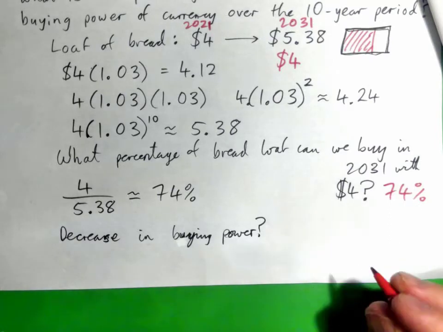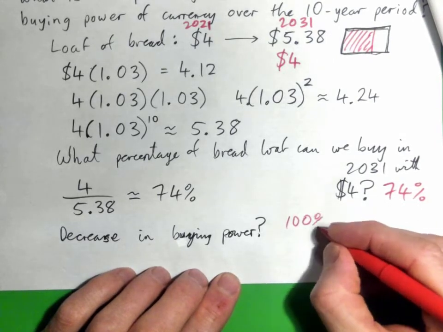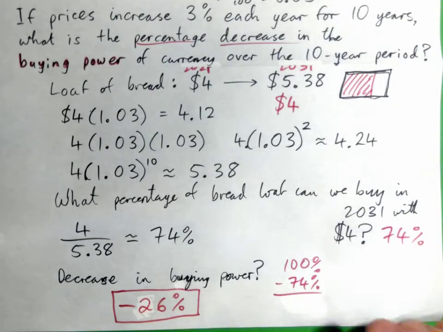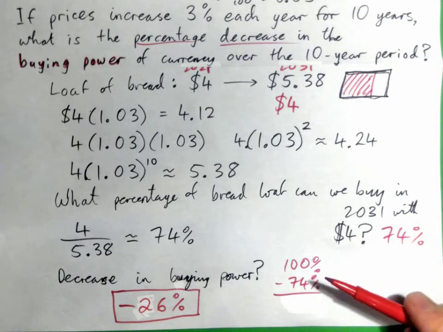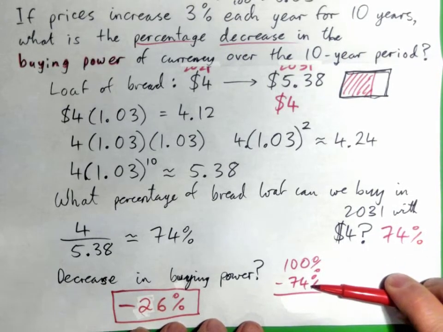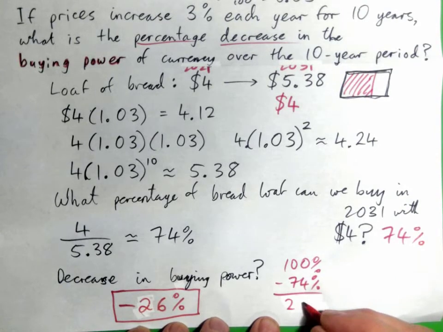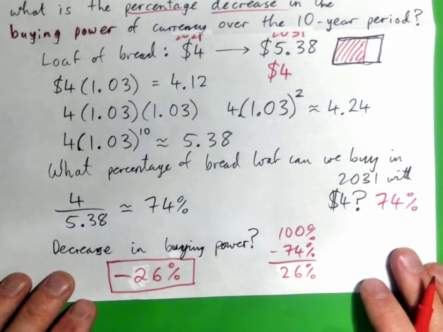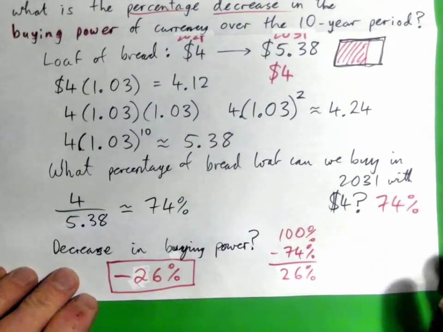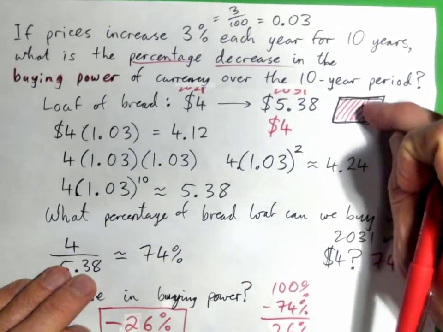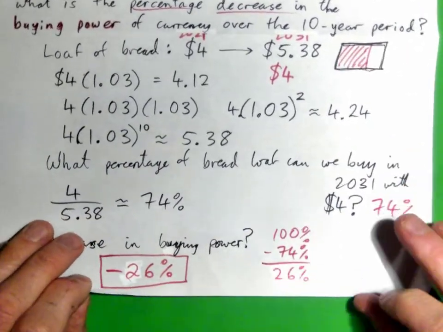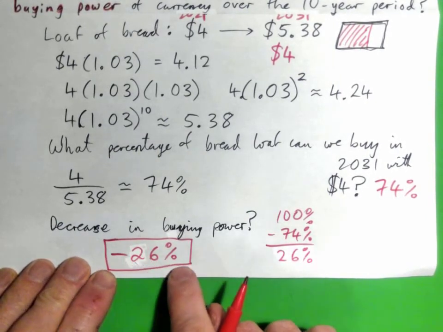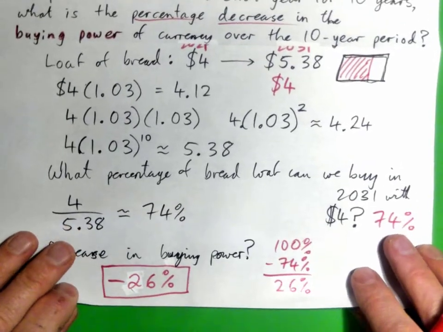Well, wouldn't it be, if you go 100% minus 74%, doesn't that give... So, to get the decrease in buying power, look at this. 100% subtract 74%, and that'll give 26%, right? Because we can only get 74% of the original amount of bread, right? So that's a decrease. You can represent that with a negative number, a decrease of 26% in the buying power of the currency over the 10-year period, right?